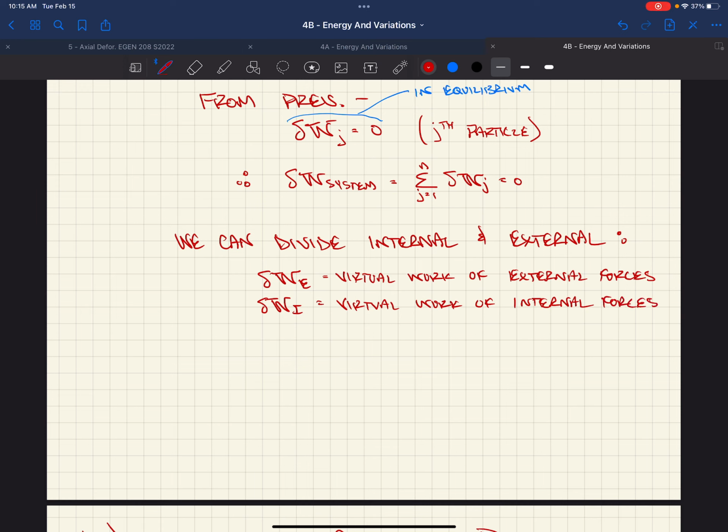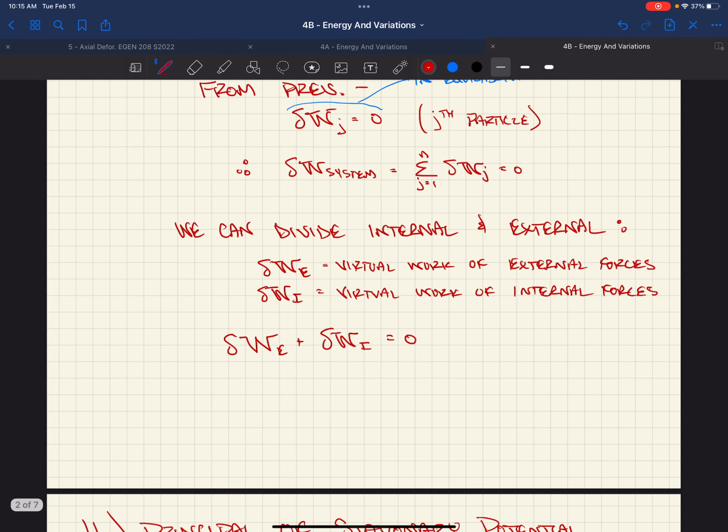Well, both of those added together must be 0, if we look at each particle individually. If we split these up into the change in the external plus the change in the internal, that also must be 0, the work done on the system.